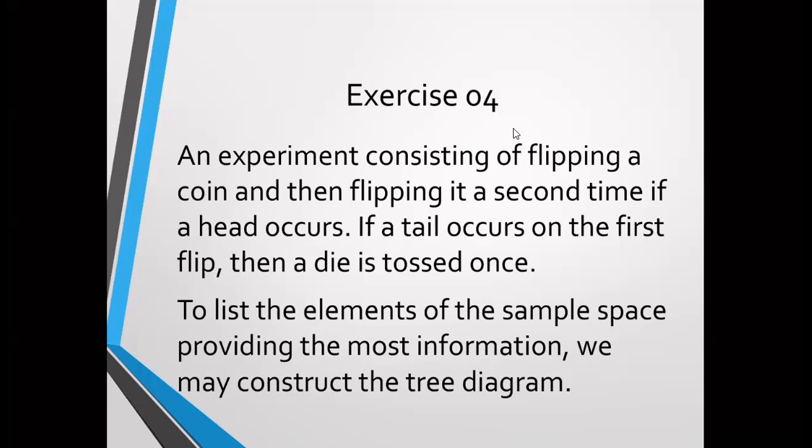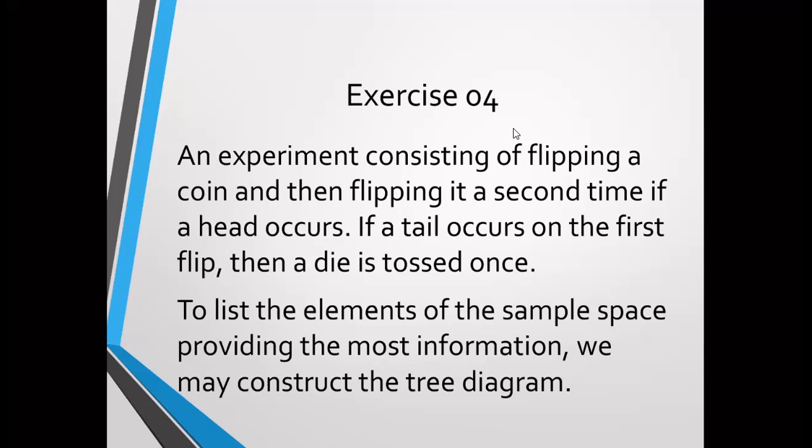read the question and try to draw a tree diagram or Venn diagram for this situation. An experiment consisting of flipping a coin and then flipping it a second time if a head occurs. There's an if condition. First, he or she flips a coin, and then he or she flips that coin again if he or she gets head.